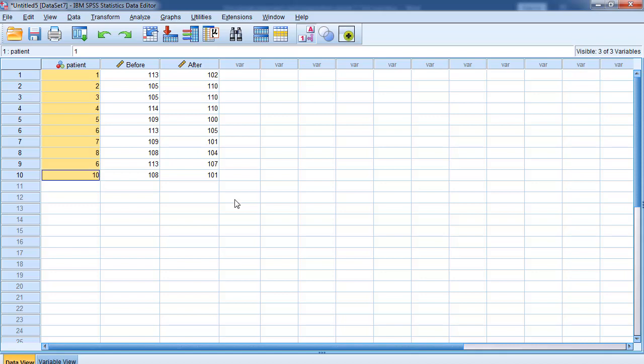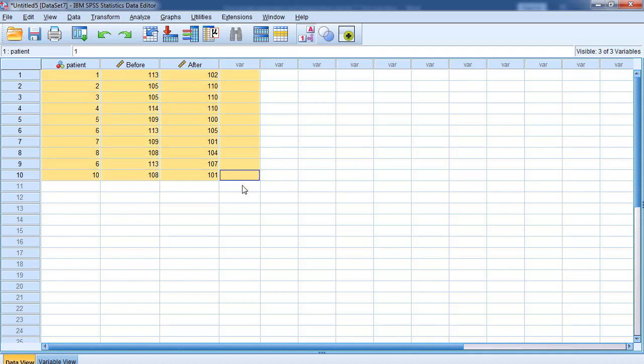And finally, we state the result and arrive at the decision: don't reject null hypothesis, or reject null and accept alternative. So now, once we establish that, we can go ahead and perform the analysis with the data in SPSS.